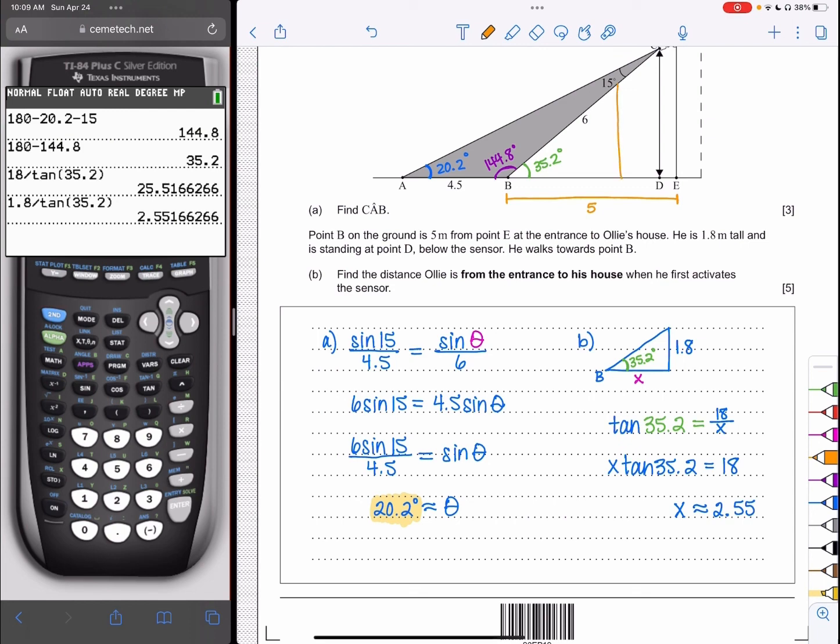All right, so now that I found that, because I know that this is 1.8 meters, I would know that this is 2.55 here.